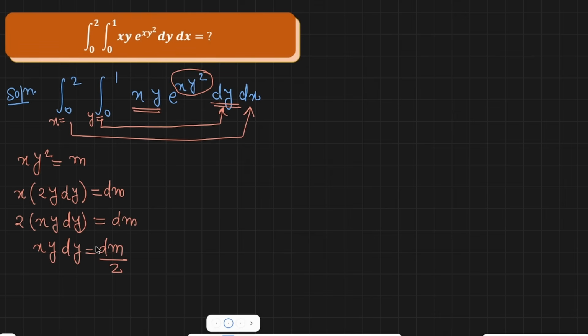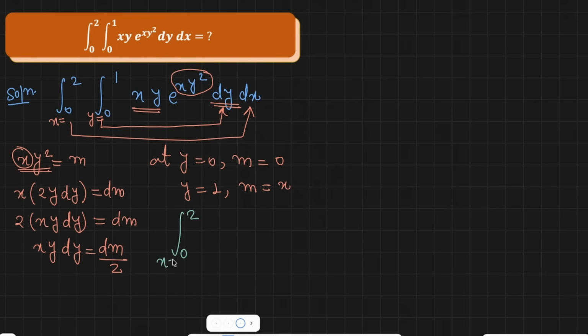Now one more thing, whenever you write this, your integral limit will also change. So at y equals 0, what is the value of m? If you put y equals 0 in this expression, you will get m equals 0. If you put y equals 1, what is the value of m? m will be x. Now your integral changes to 0 to 2.